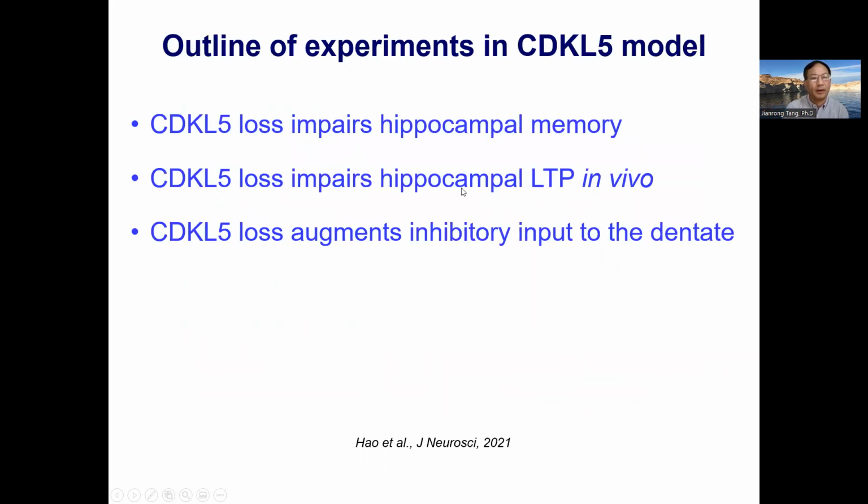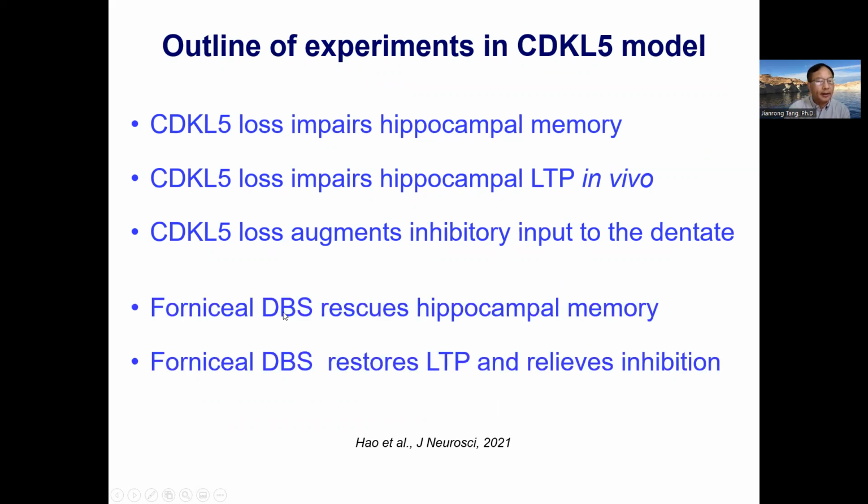So we use the same model and checked the effect of CDKL5 loss on the hippocampal memory, hippocampal LTP, and the hippocampal inhibition. Then we evaluated the effect of theta burst DBS on the hippocampal memory, LTP, and the inhibition in this mouse model.